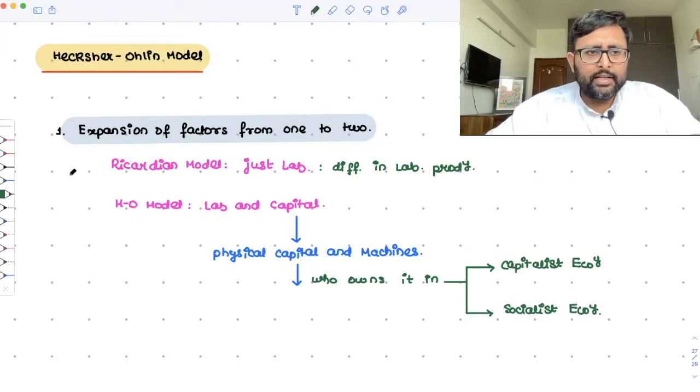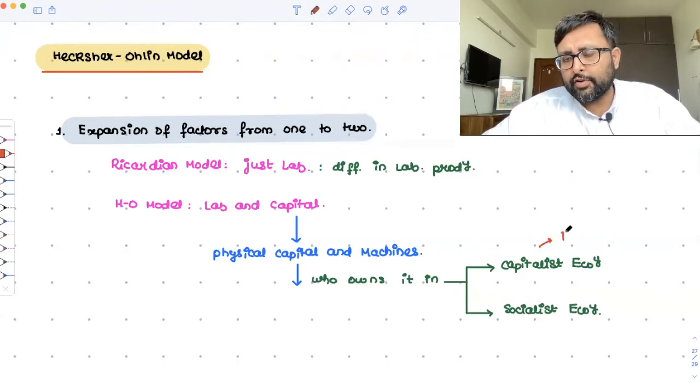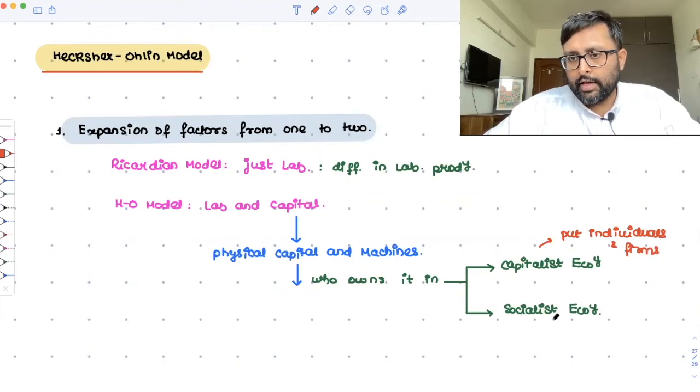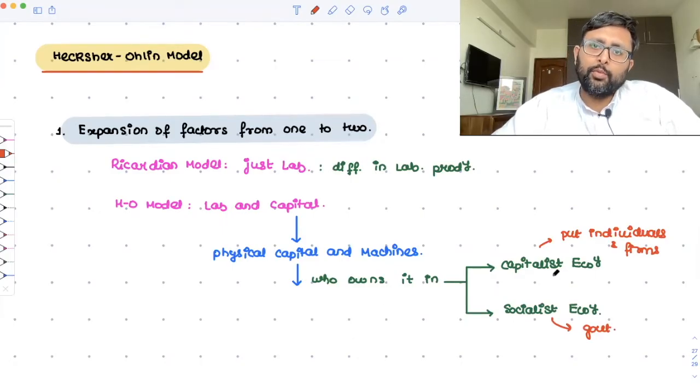And who is owning them? In the capitalist economy, basically it is the private individuals and firms. They are owning it. In socialist economy, government owns it. In capitalist economy, private individuals and the firms are owning this capital and they become the capital owners, right?